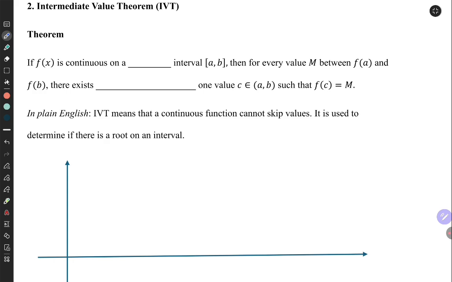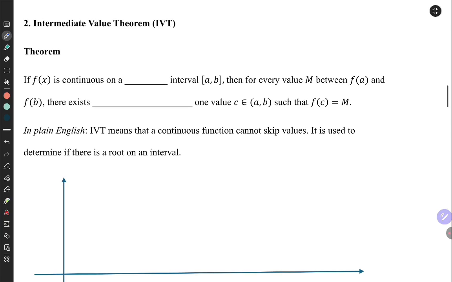Okay, usually called in short IVT, the intermediate value theorem. What does the theorem say?